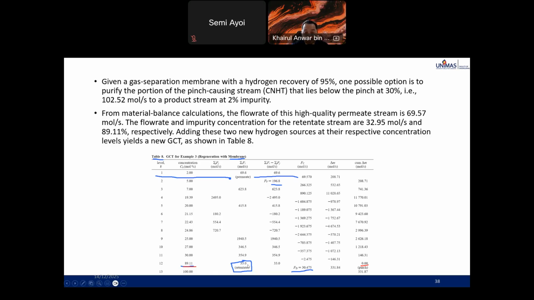So after you have done the treatment, they didn't specify. No, they didn't specify. They just specify the percentage of it. Blah blah blah. Okay.